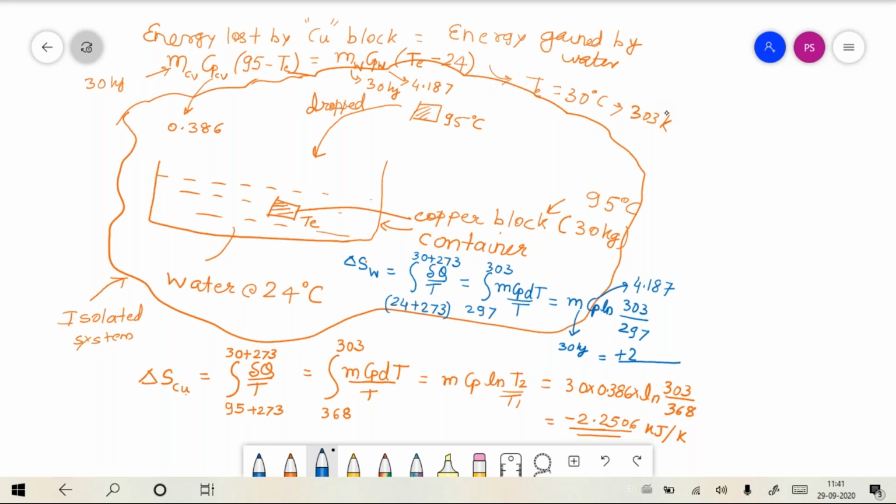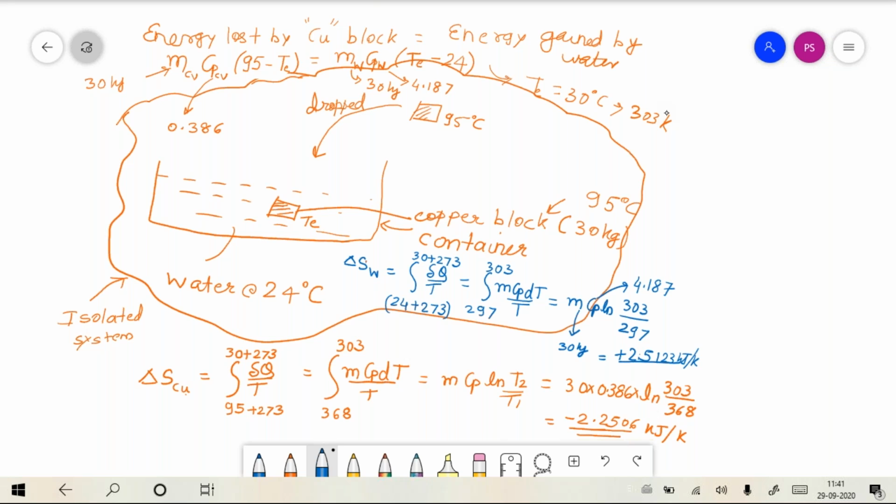So now you need to figure out what is the entropy change of the universe, okay, in this interaction. So entropy change of the universe, look at this, there is an interaction here. You will find that the entropy is not conserved. Are you getting the point? The entropy is not conserved in this case.